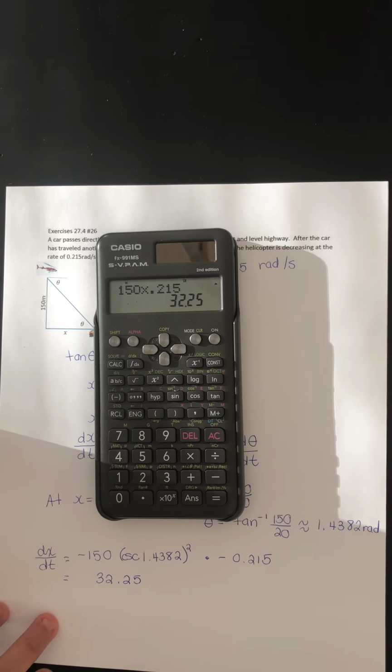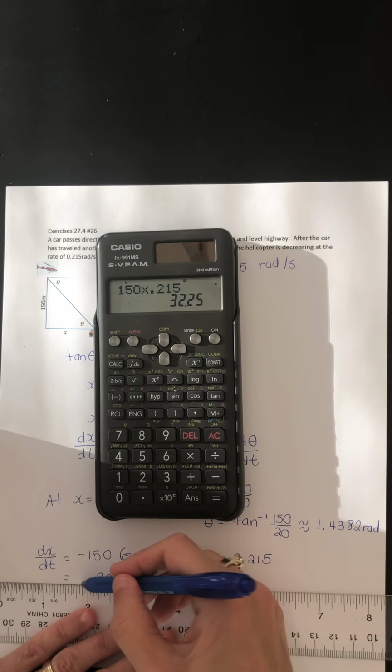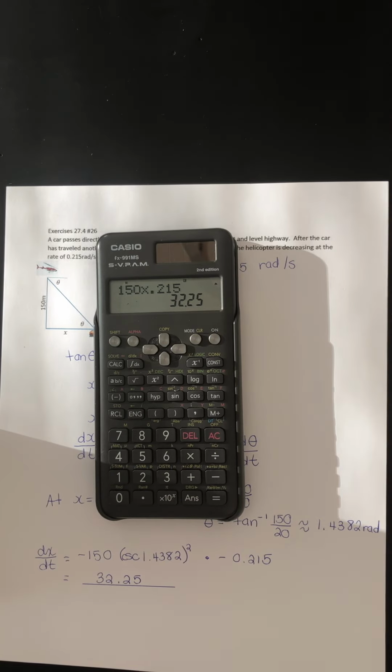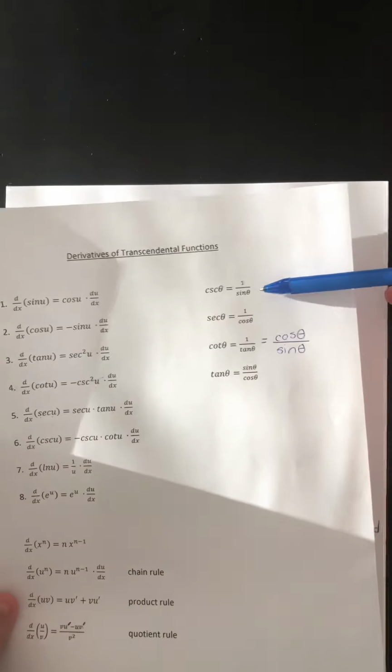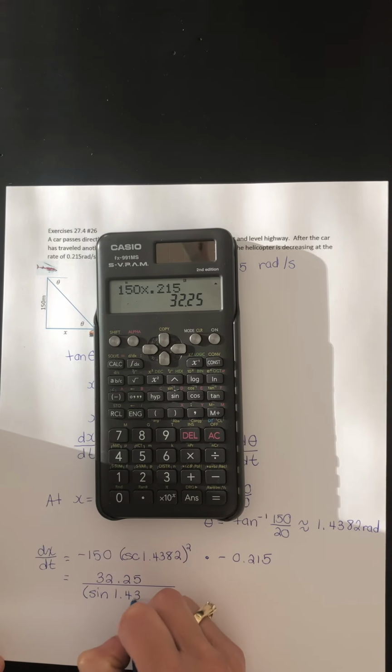But one problem is that we do not have a cosecant button on our calculators. And so what does that mean? We have to use the reciprocal function, which is sine. So this is equivalent to having the sine of that angle squared down here.